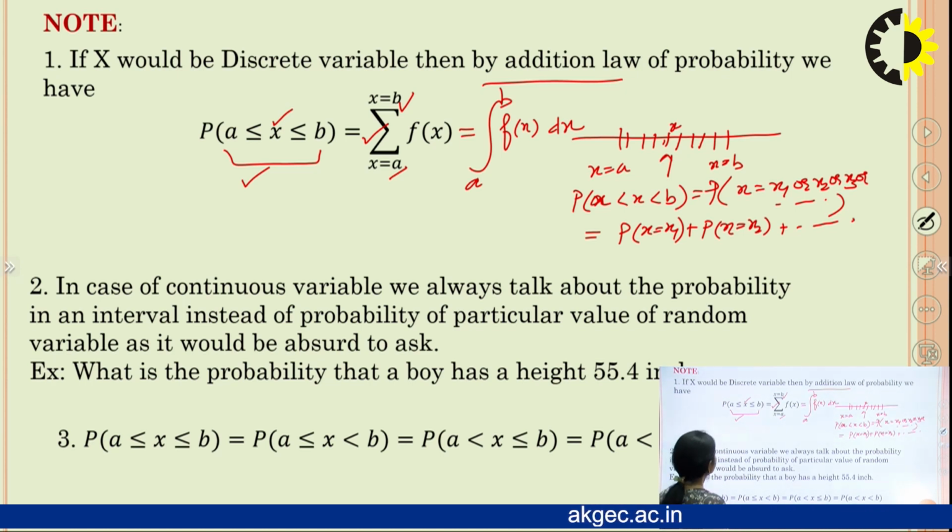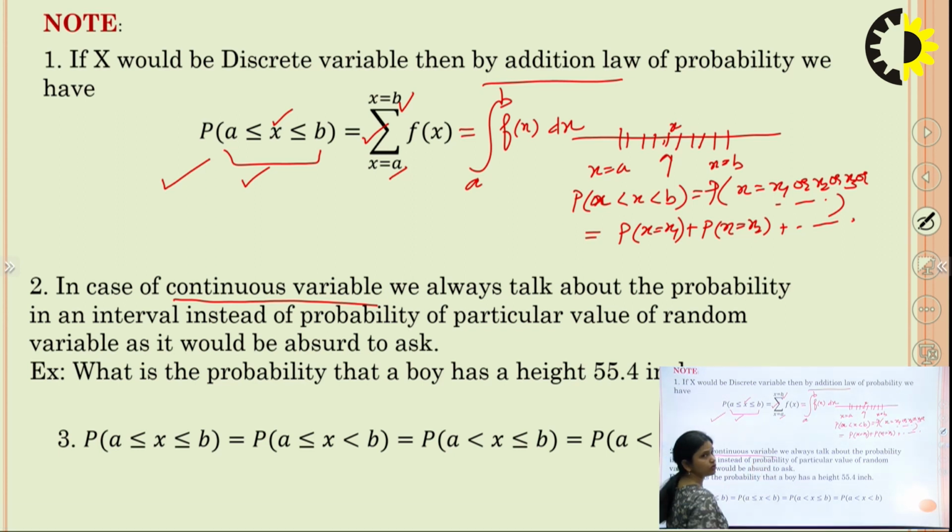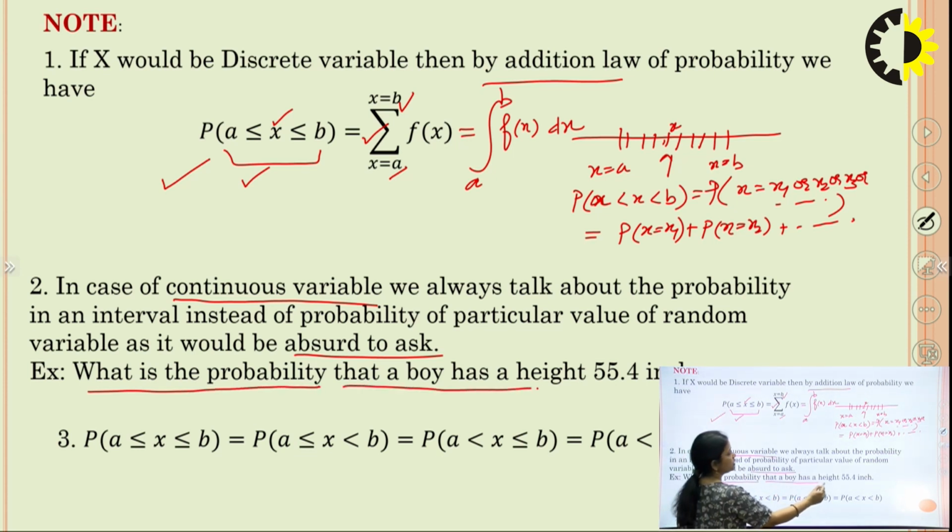Okay. Next, one thing more that we should discuss about the continuous variable. See, in case of continuous variable, I am talking about the probability in an interval, not about a particular value of the random variable. Why? It will be very absurd to ask what is the probability that a boy has a height 55.4 inch.